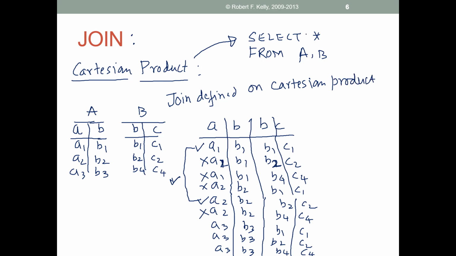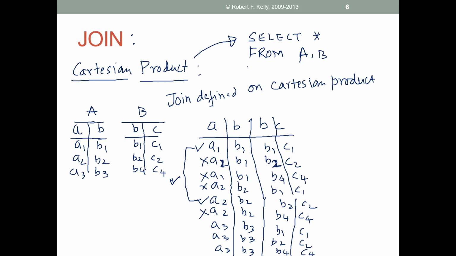This thing that you have done here is just the Cartesian product. I can extend that and make it a join. I need to add some more detail here so that instead of getting all these 9 tuples, I only get these 2 tuples. How to do that is very simple.